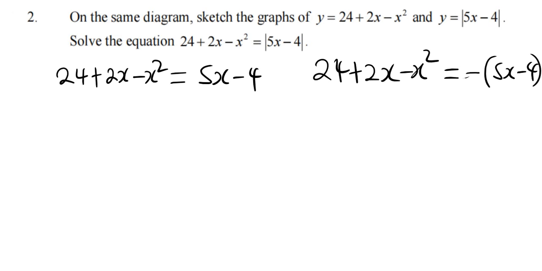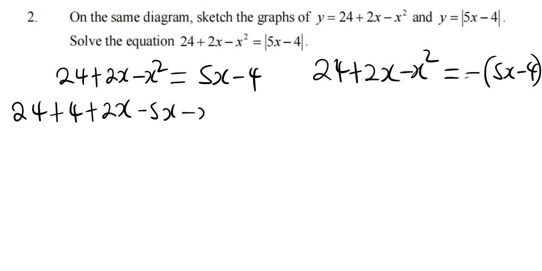So I've got 5x when it comes to the other side. Let me put 24 here. I've got a negative 4, and when it comes to the other side, it's going to be positive 4. Then I've got plus 2x, and when I bring the 5x to the other side, it's going to be negative 5x.